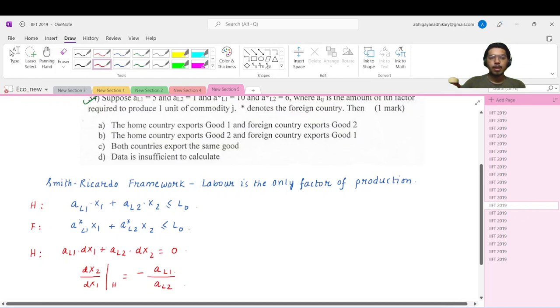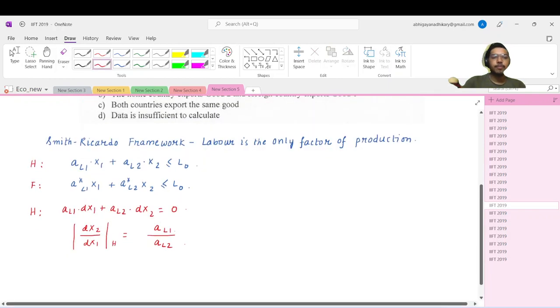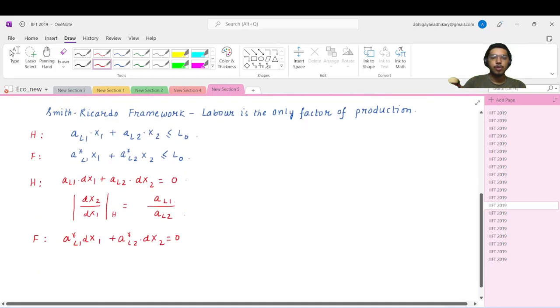If you just take the absolute value, then it is this. And similarly for the foreign country, a*L1 dx1 plus a*L2 dx2 equals 0. So the absolute value of dx2 by dx1 for the foreign country will be a*L1 divided by a*L2.